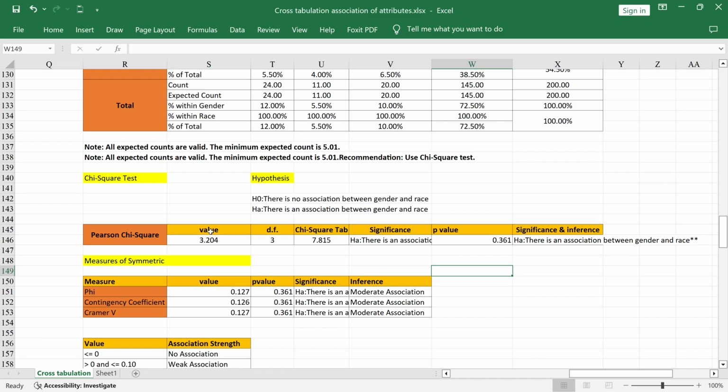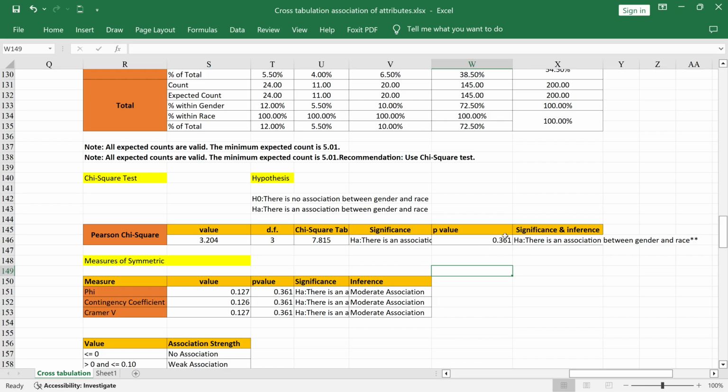But there is another option to get the significance, which we call the probability value, the p value. You will get the p value, and on the basis of that p value you take out the significance or inference. Everything I put over here.